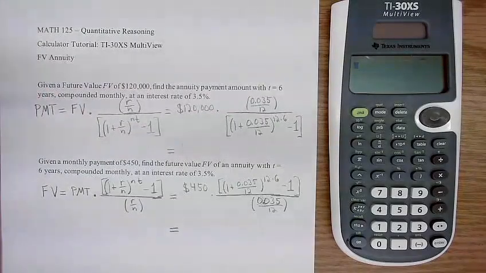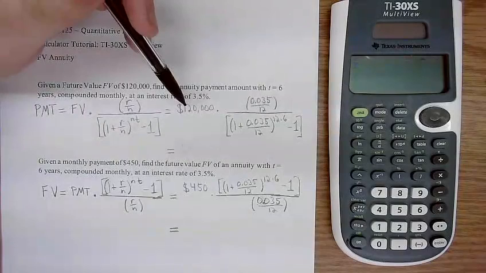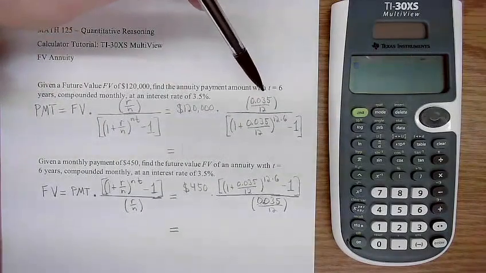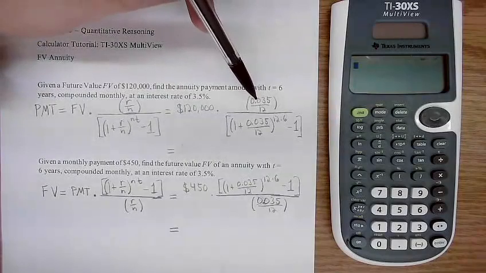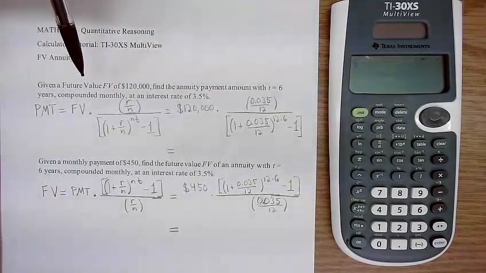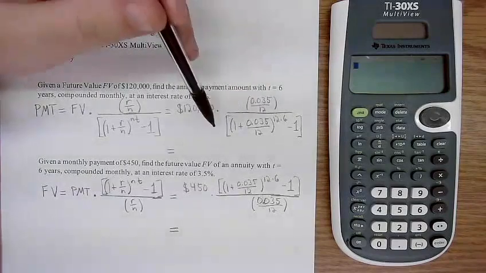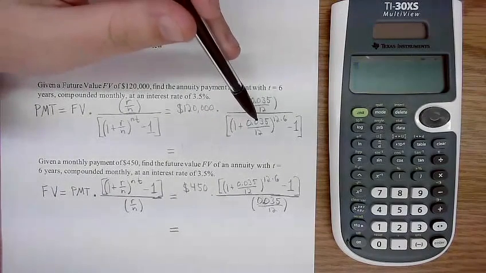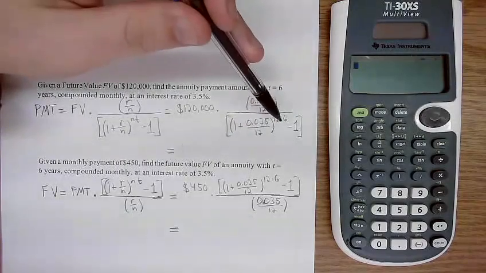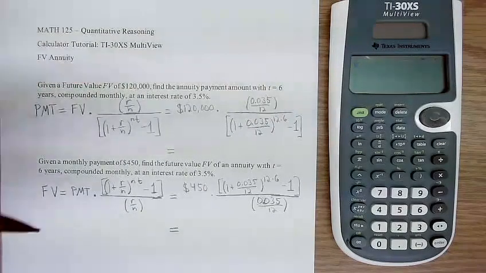So using our numbers, the future value was $120,000. Our rate was 3.5%, or as a decimal, 0.035. Our N is 12 because we are compounding monthly, 12 months in a year. And then on the bottom, we'll have again 1 plus our rate, 0.035, divided by 12 again, raised now to the 12 times 6, minus 1.